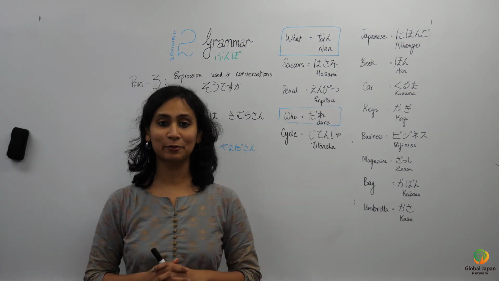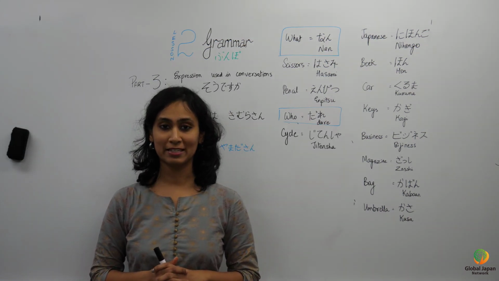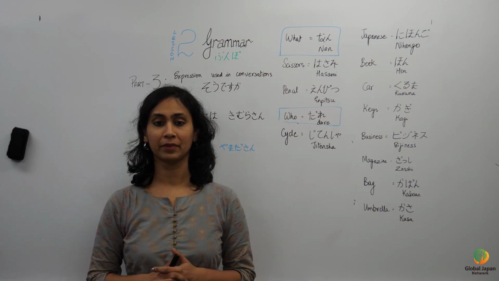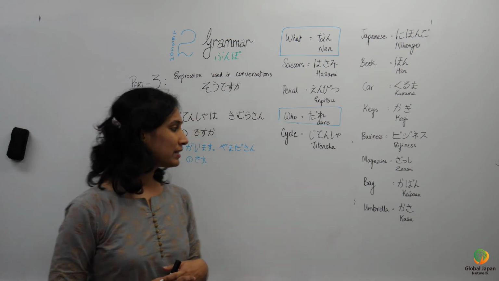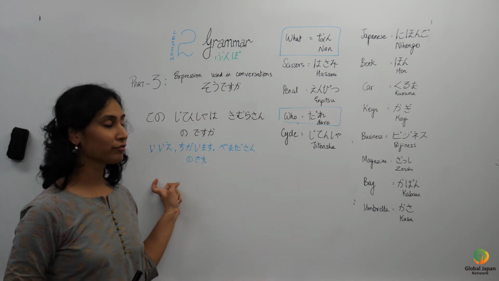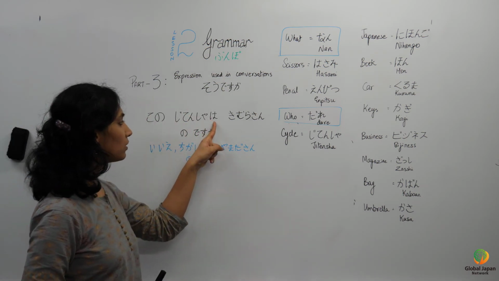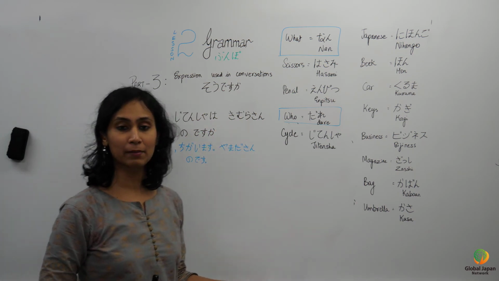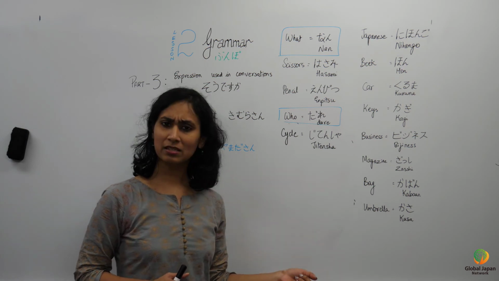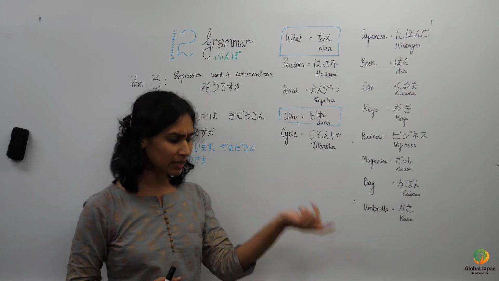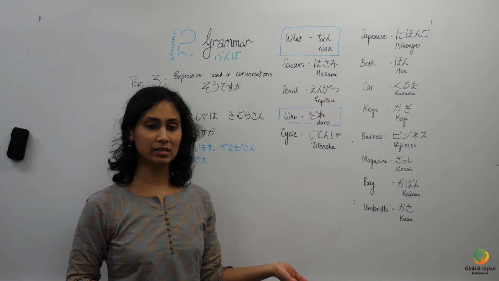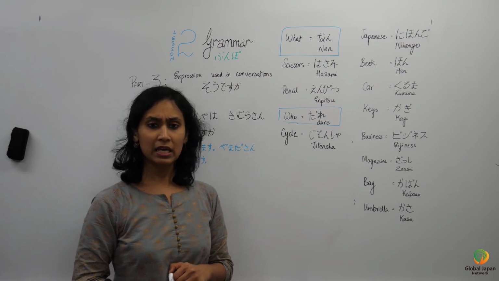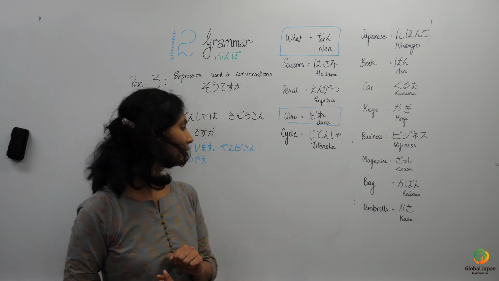Finally, the last thing to be discussed under grammar lesson 2, a commonly used expression in conversations. So desu ka. Let's take that last example with which we left. Kono jitensha wa Kimura-san no desu ka? So you're seeing a bicycle parked and you're asking, is this Kimura-san's bicycle? Because you think it is Kimura-san's. The other person tells, Iie chigaimasu.